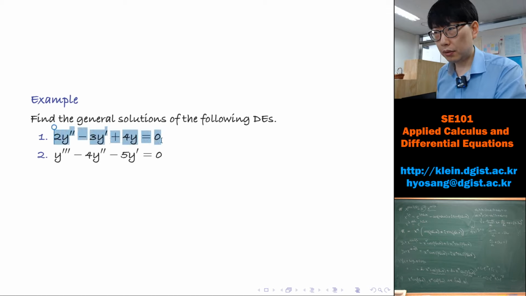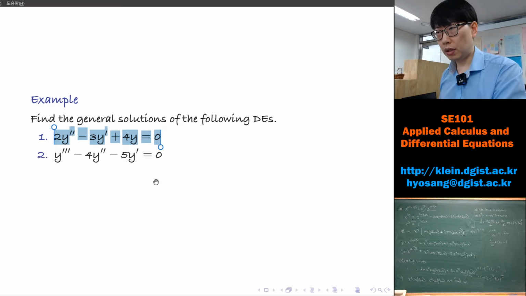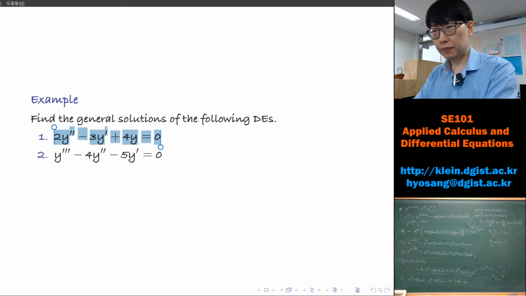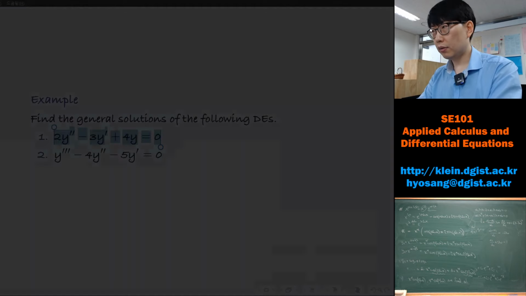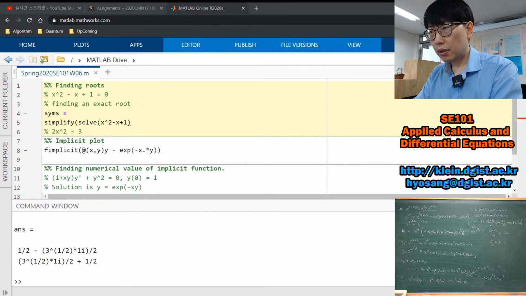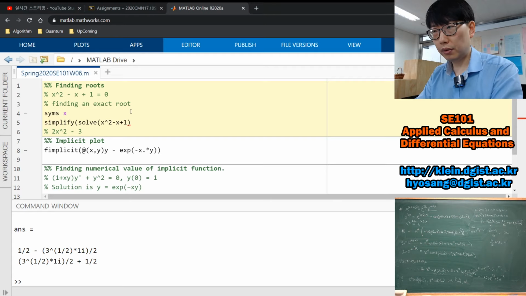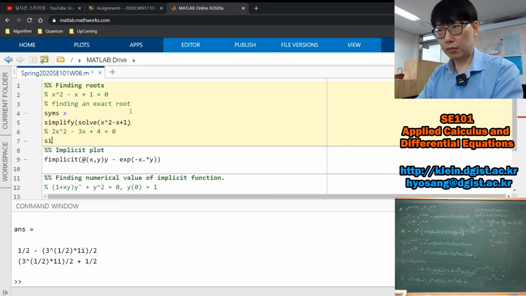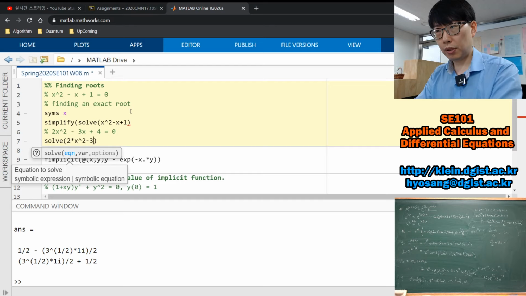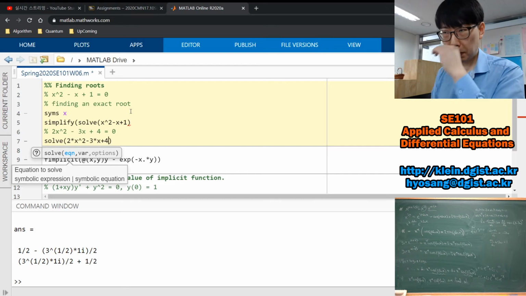Yeah, this one. So I had a root, but I'm not sure whether I did it right. Then just plug into MATLAB: 2x squared minus 3x plus 4 goes to 0. Then I can simply solve 2 times x squared minus 3 times x plus 4.